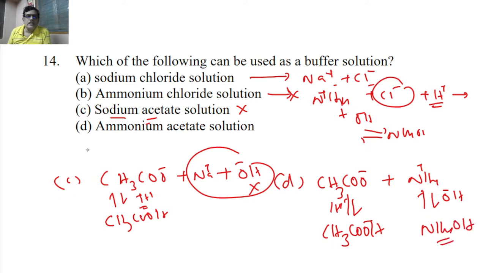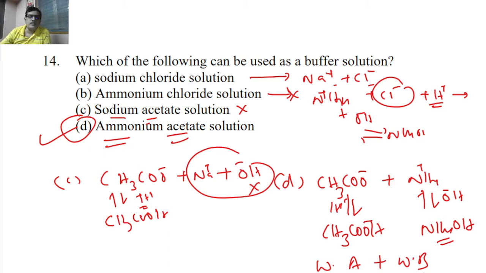Therefore, a solution containing ammonium acetate can act as a buffer because it is a salt of a weak acid plus a weak base. A salt of weak acid plus weak base can act as a buffer. Actually, it acts as a neutral buffer, so it will maintain the pH of the solution around 7.